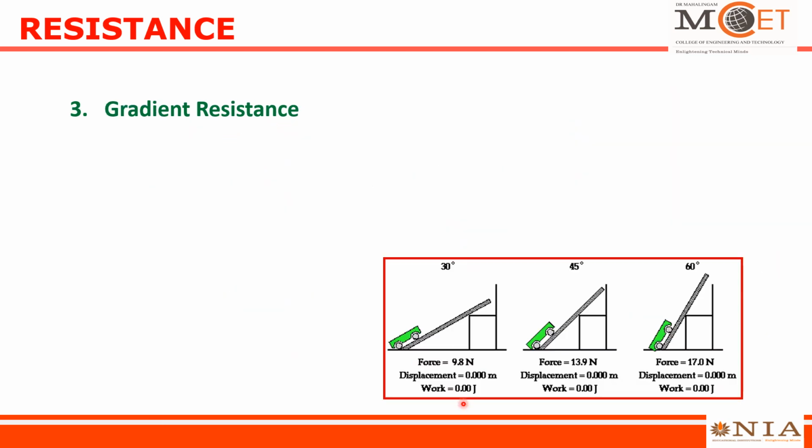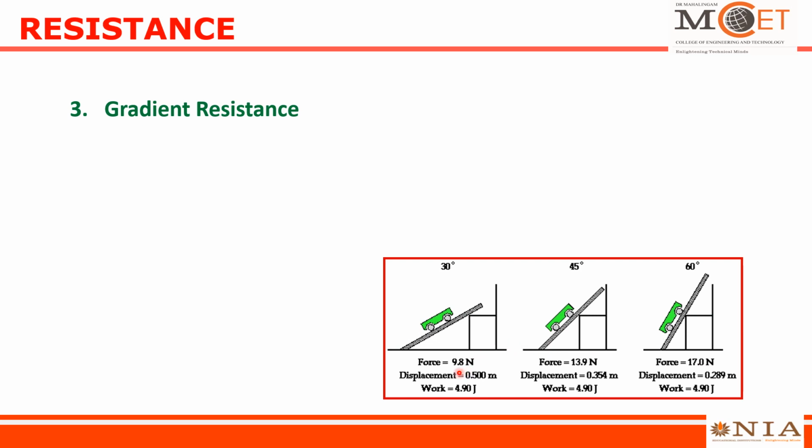Third one is gradient resistance. Here in this picture you can see the vehicle moves on 30 degree, 45 degree and 60 degree slope. In this picture the 30 degree car reaches the top before the 45 and 60 degree slope moving cars.